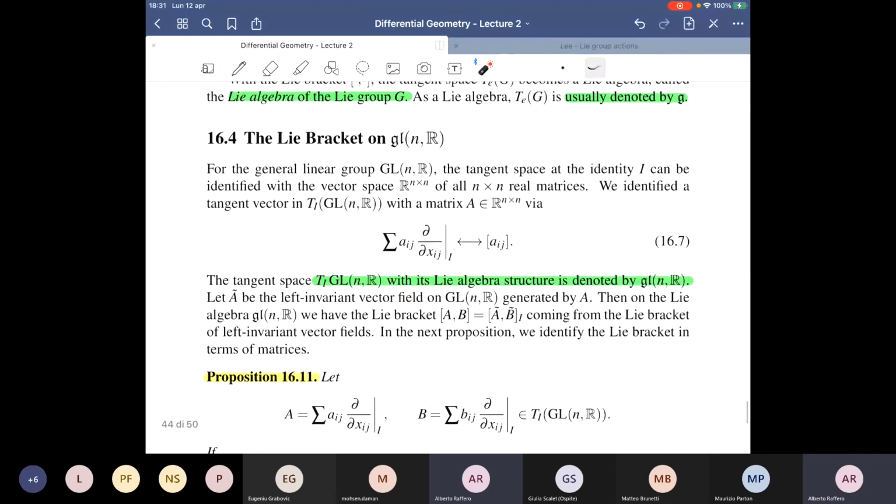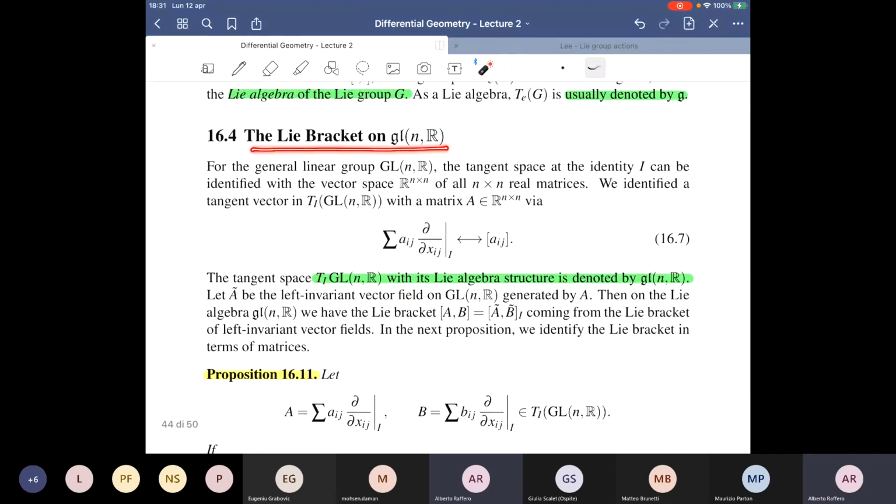Then you will find some computations, for instance, on the Lie bracket, on the Lie algebra of the general linear group. Now, the Lie algebra of the general linear group, as we said, is just the tangent space to the general linear group at the identity, but the general linear group is open in the space of matrices, and so this will be nothing but the space of n times n matrices as a vector space.